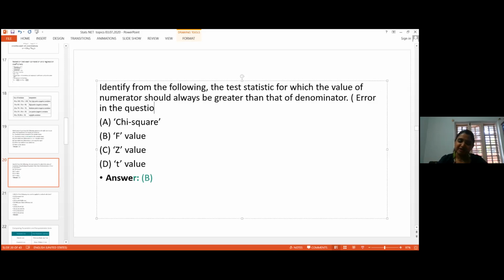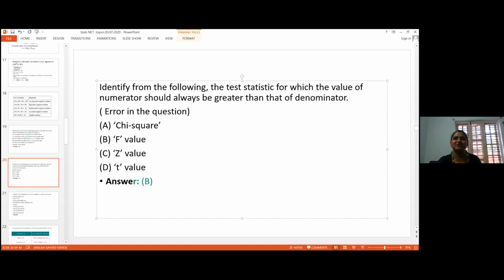Okay, but I've always seen these kind of questions appearing in commerce and management streams. I can say with 100% guarantee that you cannot always justify it can be like that, because ultimately what is our F value? F value is the variance explained, MST divided by MSE, variation due to treatment by variation due to error.